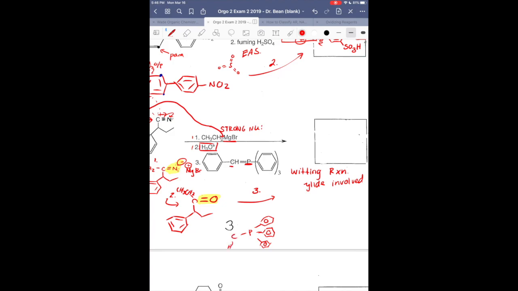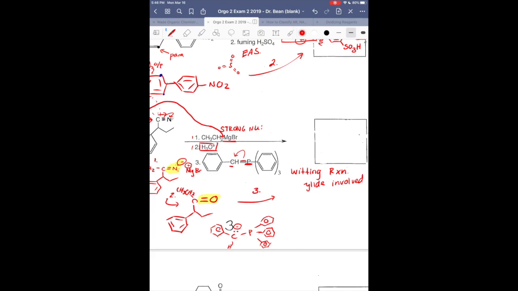We have a carbon with a hydrogen, as well as another benzene ring. And in addition to that, you see how there was a double bond up here? If that were to go onto the carbon like that, we would get this minus charge.